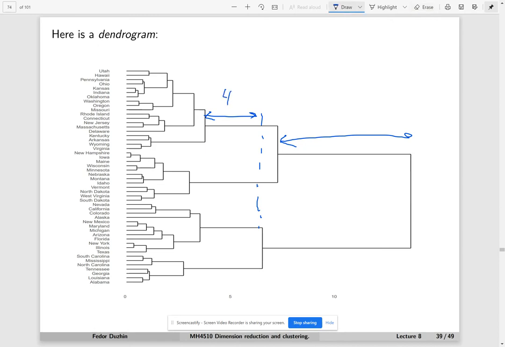So we would get 4 clusters here and 2 clusters here. But there is only a small interval in this dissimilarity that will yield 3 clusters, which means that 3 clusters is probably not a very reasonable choice of the number of clusters. So from this dendrogram, we see that 2 is a good choice and 4 is a good choice, but 3 is not really a good choice.